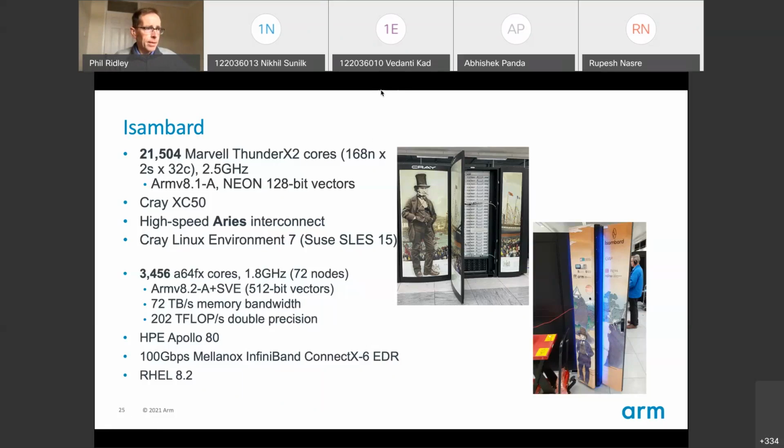Yes, I have a question. You talked about SVE. For example, for the HPE Apollo 80, is the SVE 512 bit, or is it 2048 and emulated over the 512 bit hardware? That's a good question. It's explicitly 512 bit.